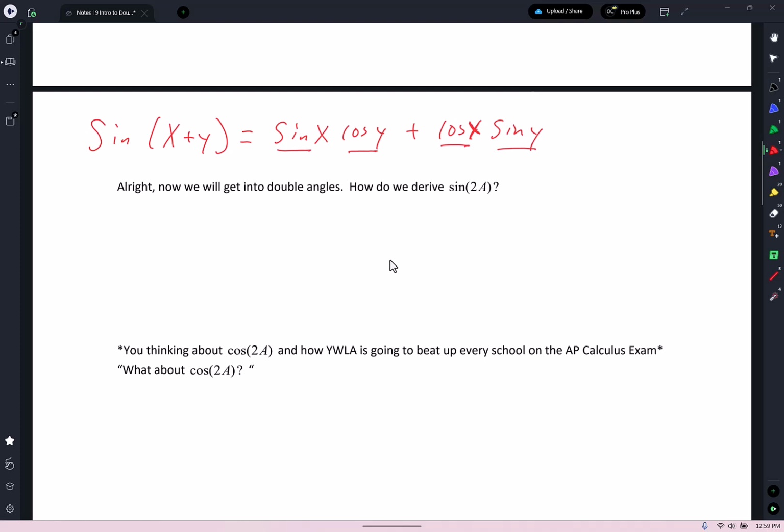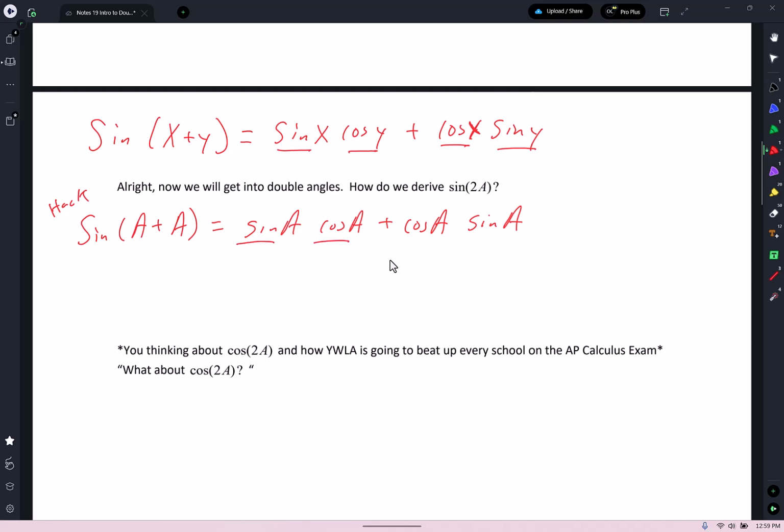Okay. And that is part of your little formulas, right? Okay. So what are we going to do? Chav, how are we going to derive sine 2a? I'm just going to derive it by calling x an a and calling y an a. And then I'm just going to expand it. See the hack? Sine a cosine a plus cosine a sine a.